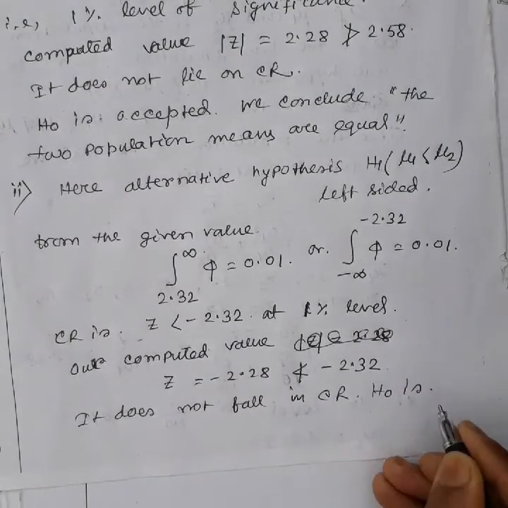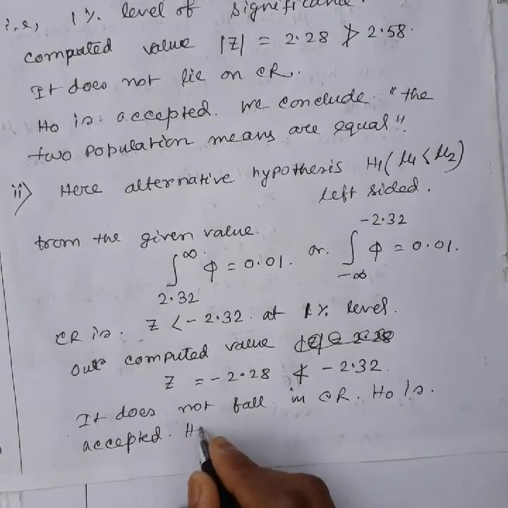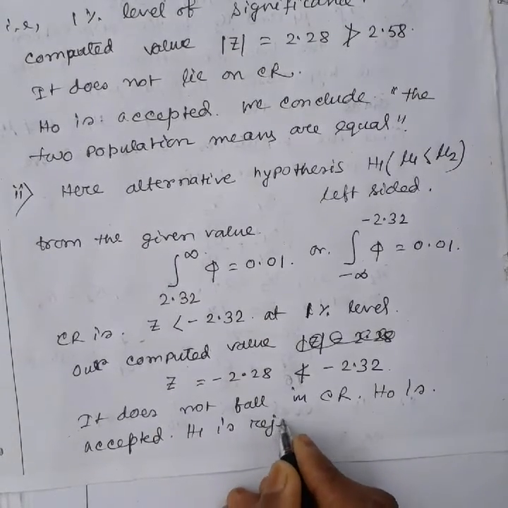That means H0 is accepted and H1 is rejected.